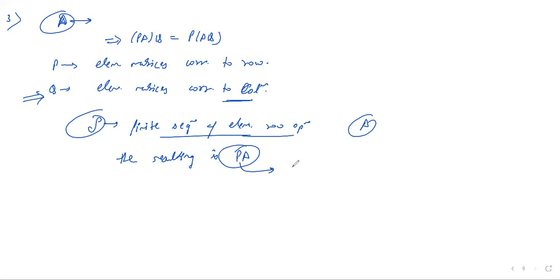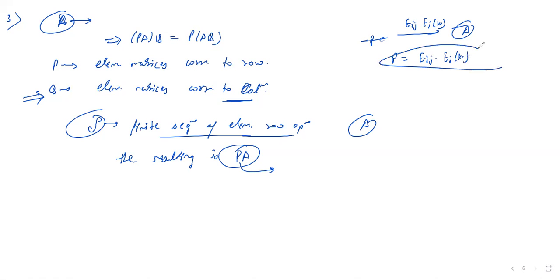And what is P? P is the product of all the elementary matrices corresponding to the row transformations. Like, let's say we have applied the transformations E_ij and E_ik on A. Then my P will be E_ij into E_ik.